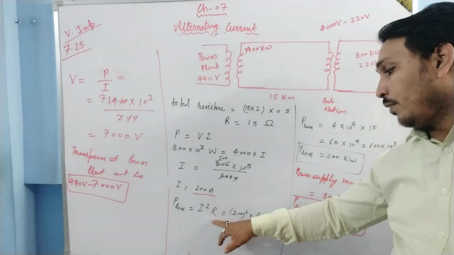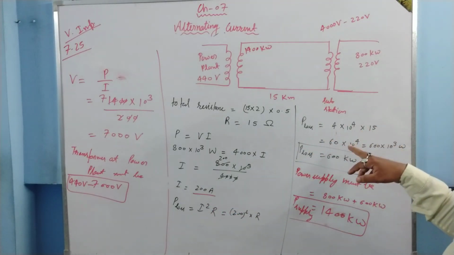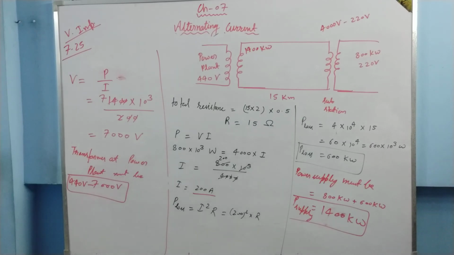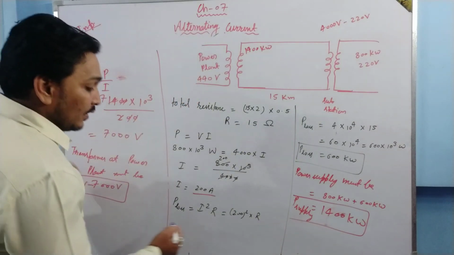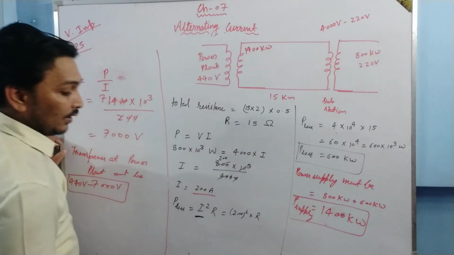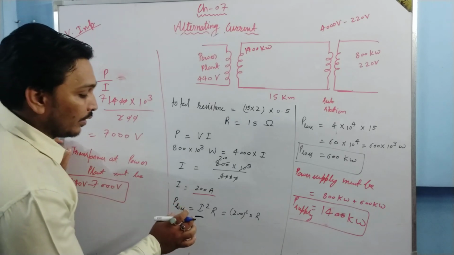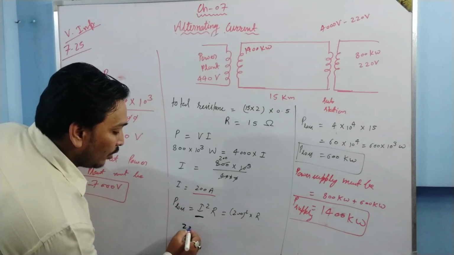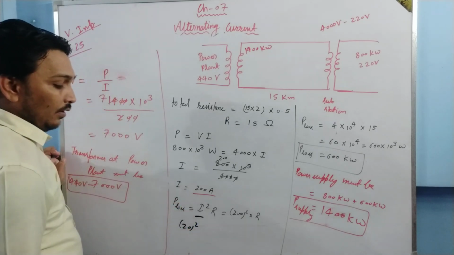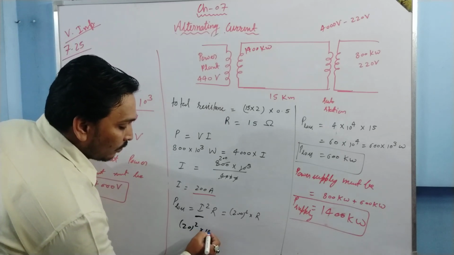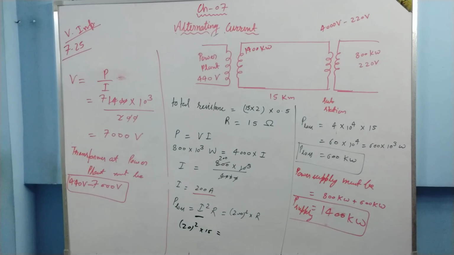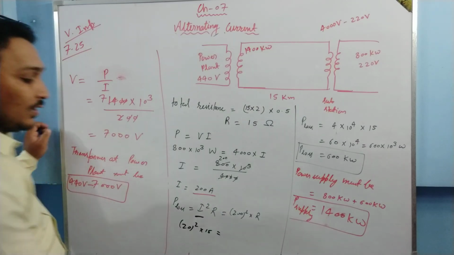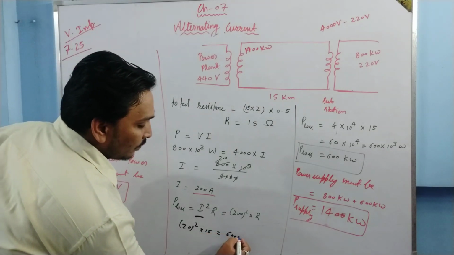Suppose it is not 200, it is 20 only. So it will be 20 square, right? Multiply by 15. So 20 square will be 400. 400 multiplied by 15, it will be 6,000 watt.